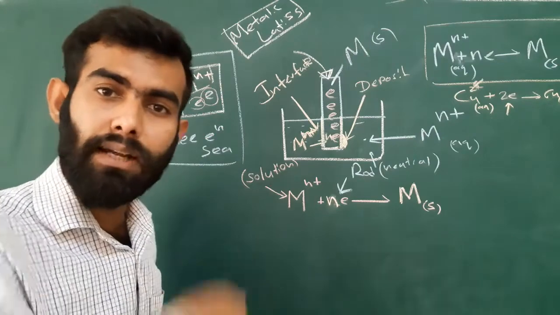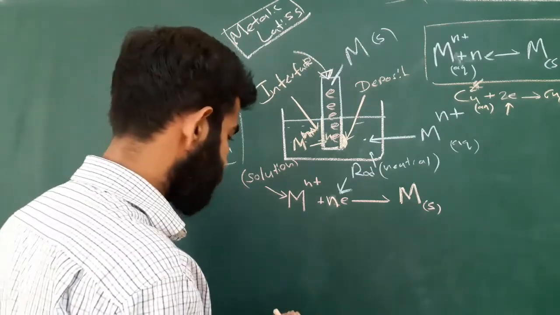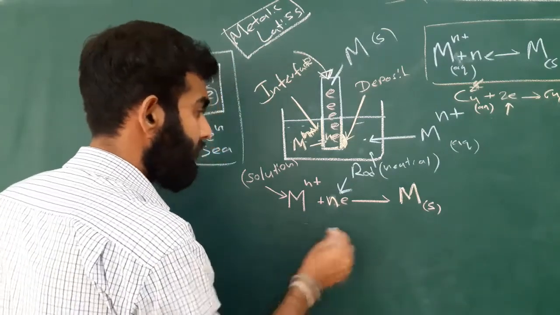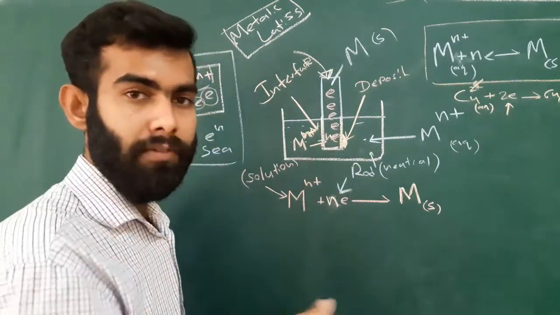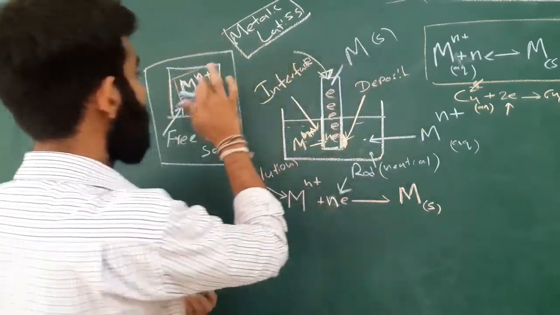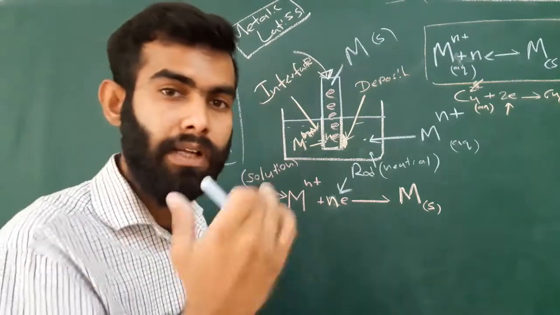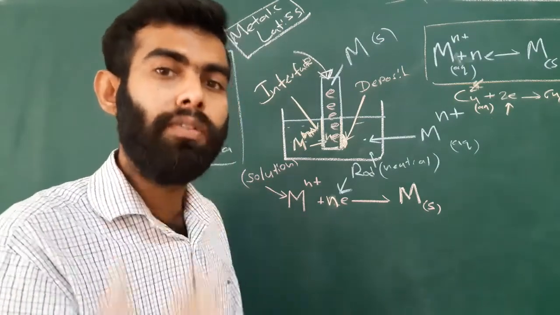So this is the first possible reaction. What will be the second possible reaction? There is another reaction also. What is that? The metal rod, we know, contains an equal number of positive charges and negative charges, but those are free. The metal ions are free and electrons are free.